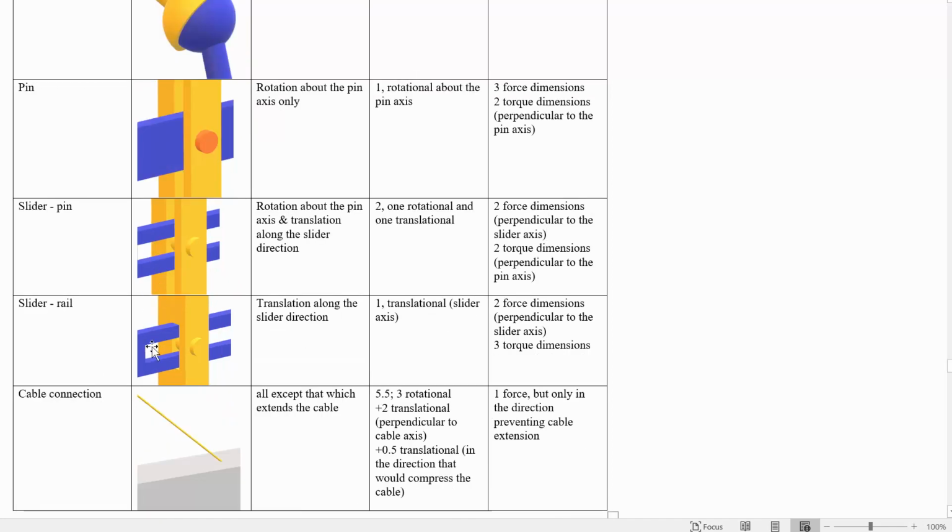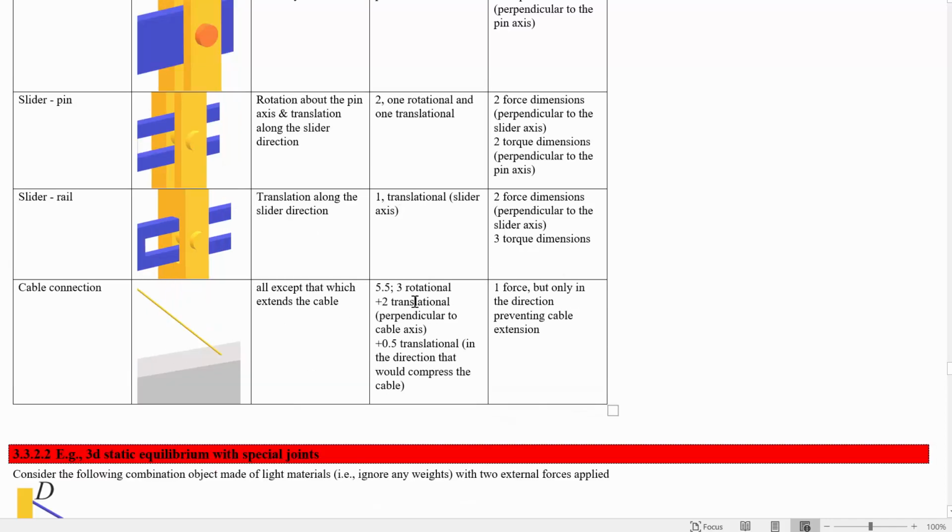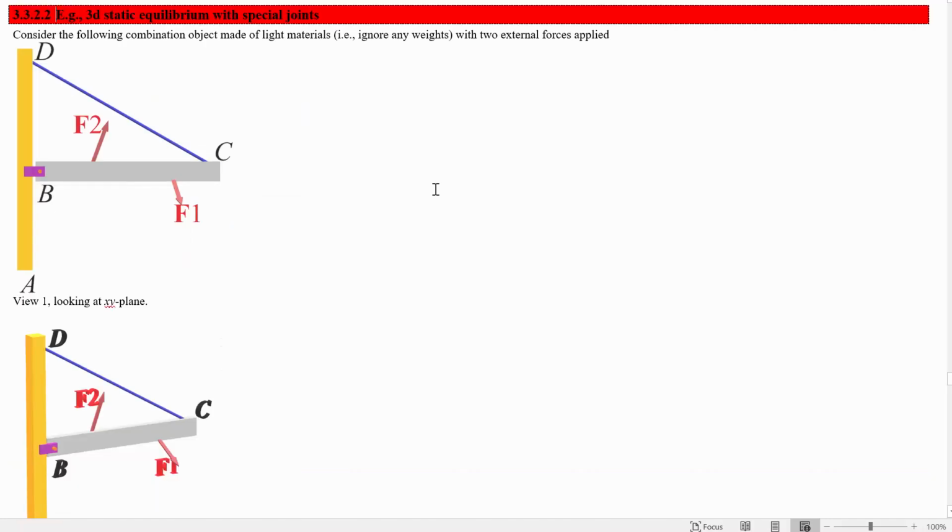The slider rail, this is another way to show it where we've made the top part extended so it can't rotate anymore, has just the 1 translational degree of freedom, and the cable has kind of 5.5 degrees of freedom, meaning that it allows 3 rotational ones and 2 translational ones, and would allow translation if it was going to be relieving tension in the cable. It only stops translation in the direction that would cause the cable to extend.